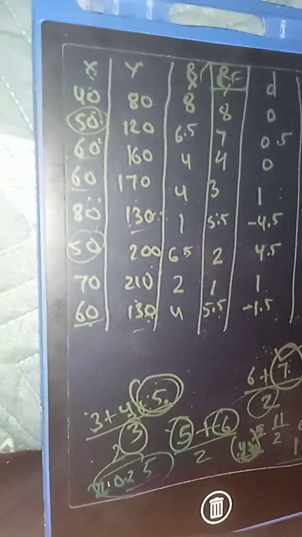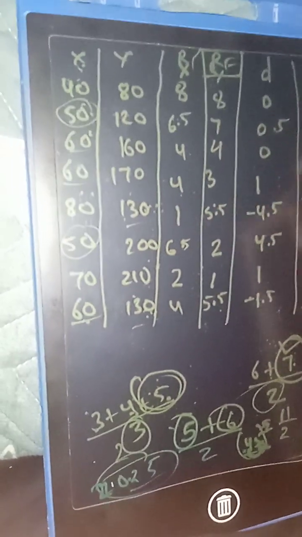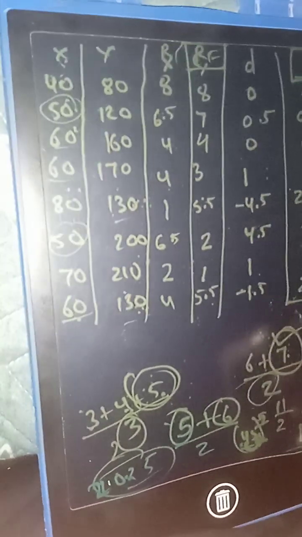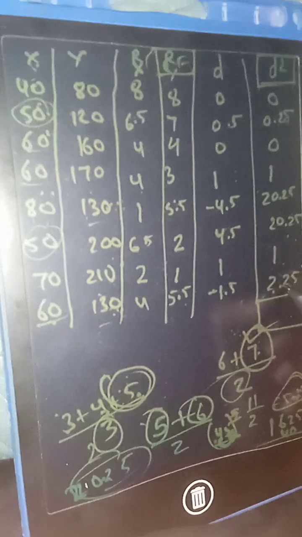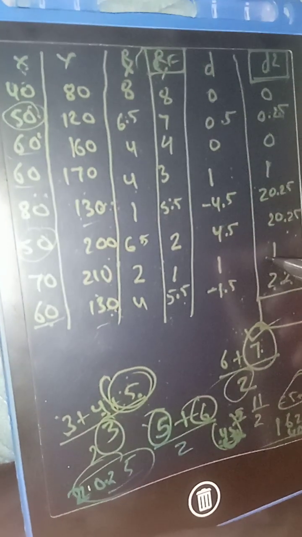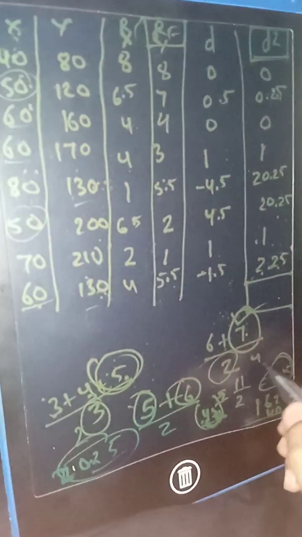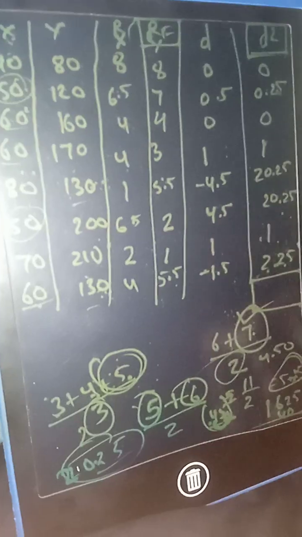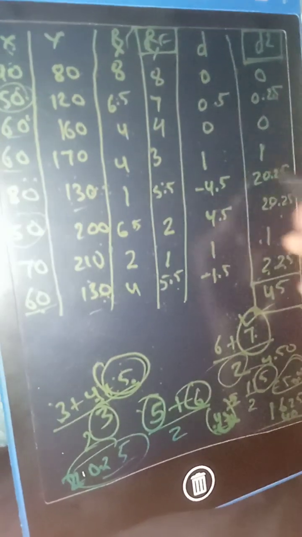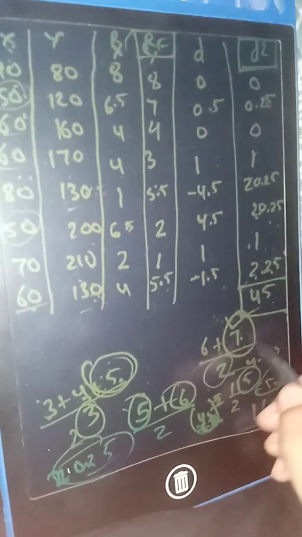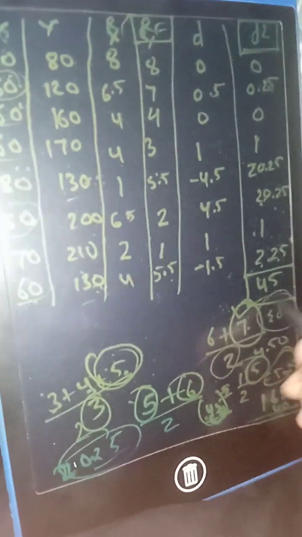Now the sum of d square will be 2.25 plus 0.25, 2.50, 3.50, 4.50, plus 40 is 45. So sigma d square came as 45.